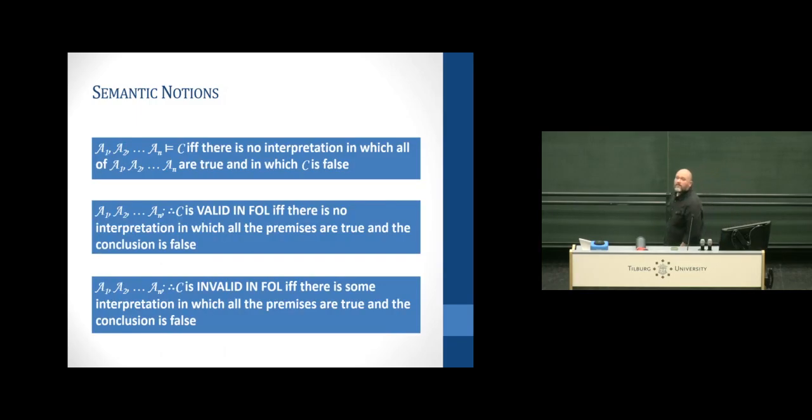So when do some FOL sentences entail an FOL conclusion? Well, A1 through An logically entail C if and only if there's no interpretation that makes A1 through An true and C false. Does that look familiar?